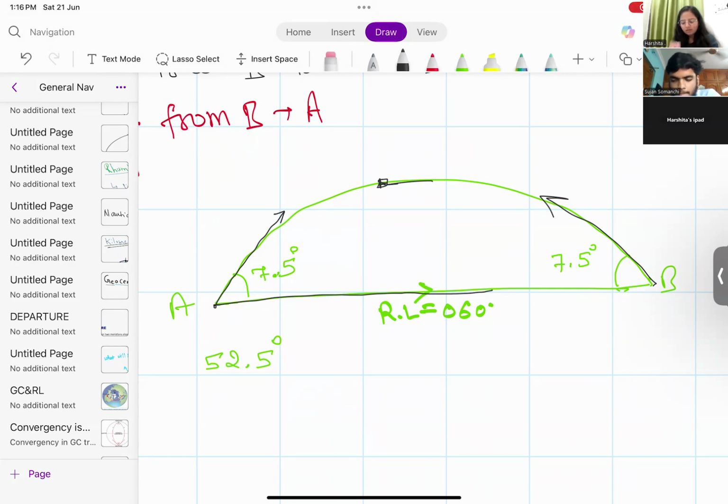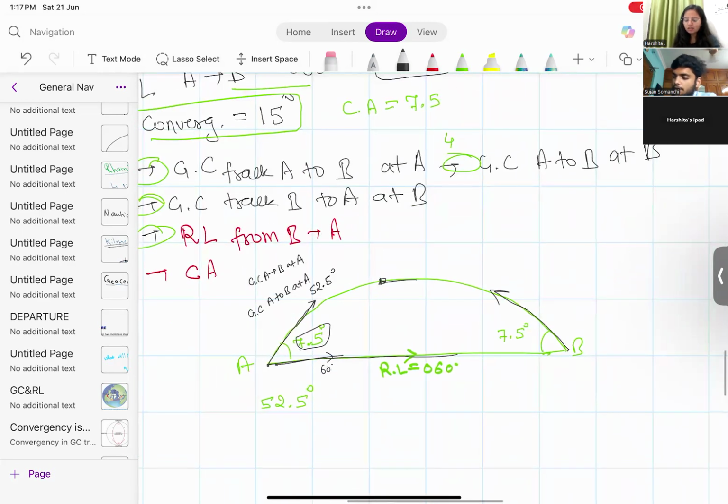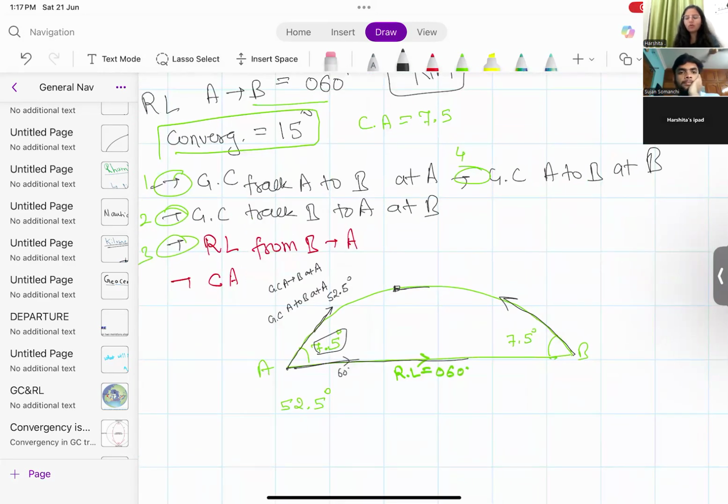The terminology will be the great circle A to B at A. This is what you found, GC A to B at A. If this is 60 degrees and this is 7.5 degrees, it came out to be 52.5. So the answer you found was for question number one.